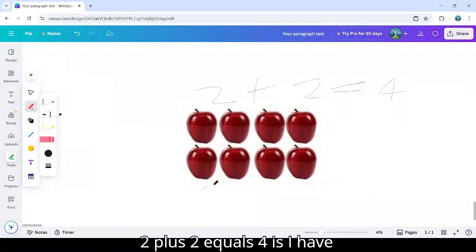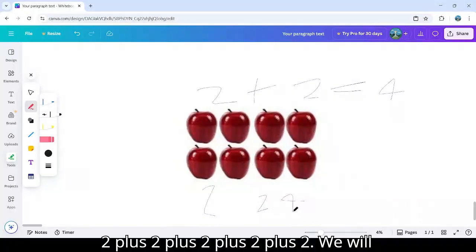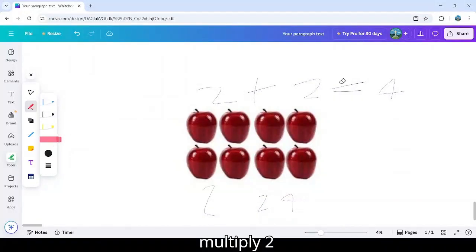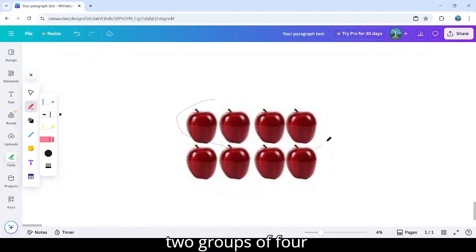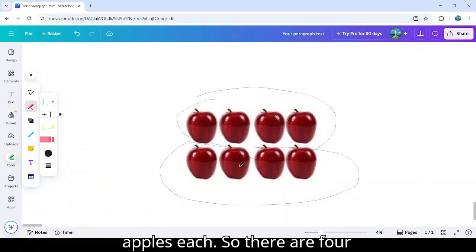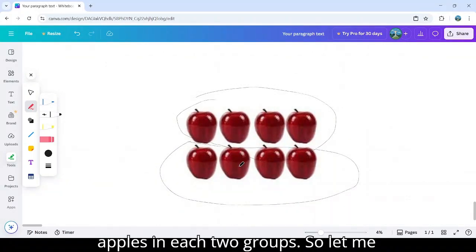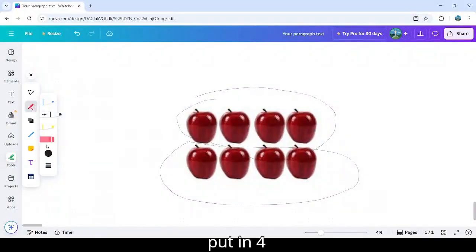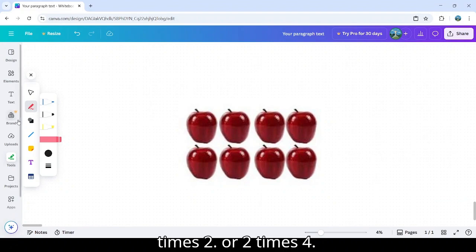Then another 2 plus 2 equals 4. So I have 2 plus 2 plus 2 plus 2. We'll multiply 2 times 4. That means we have two groups of 4 apples each. So there are 4 apples in each of the two groups. So let me put it as 4 times 2 or 2 times 4.